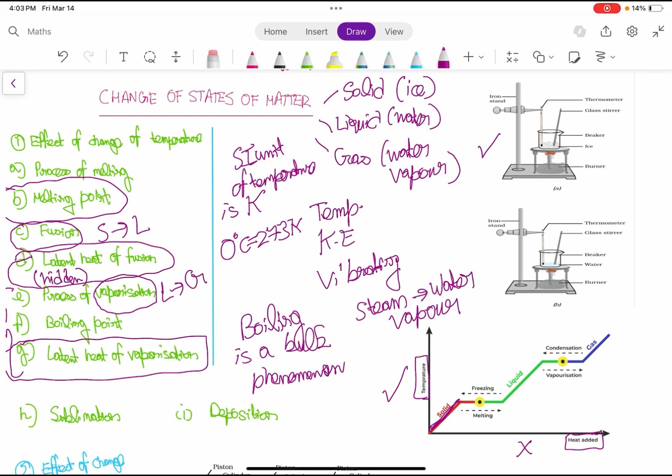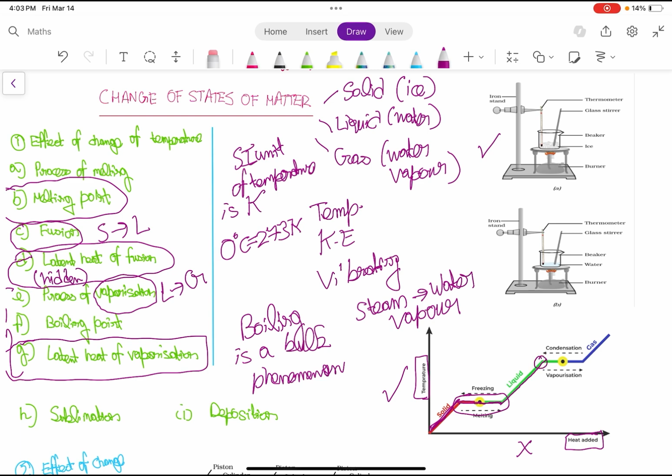This is the process of melting. Note that the temperature of the system remains the same in the melting process. After the whole of the melting occurs, that means the whole solid is converted into liquid, again the temperature of the system increases as we further add the heat.